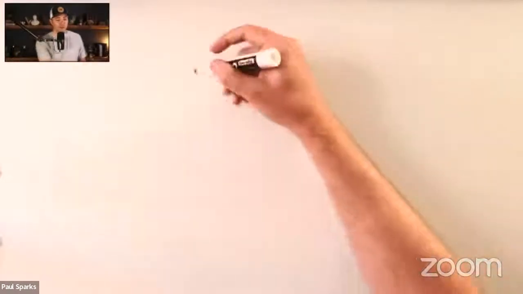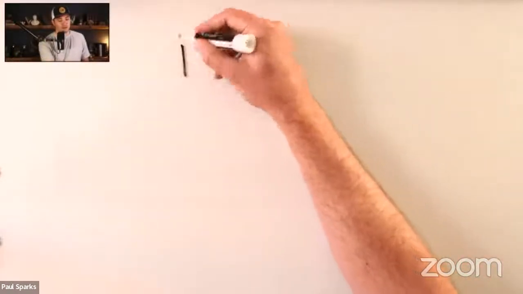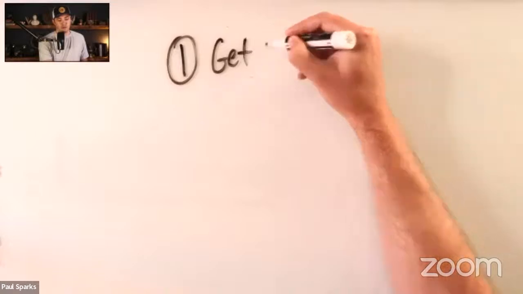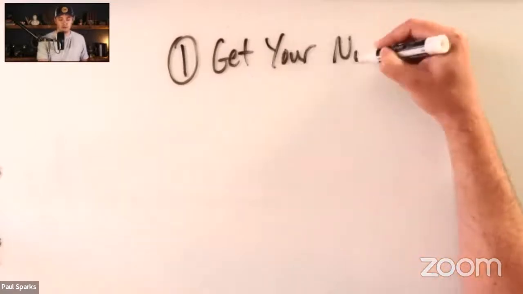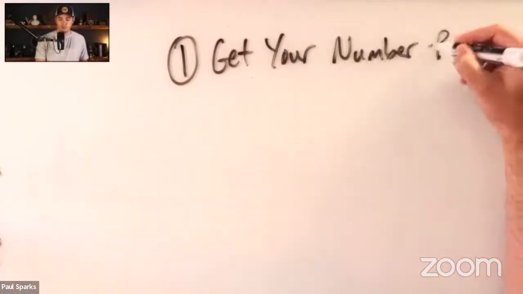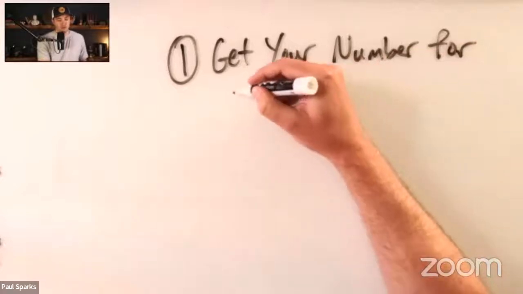Then what you'll want to do is go to the Certainty app and plug that in with your timeline. So let's do it like this. Step 1, get your number for funding what you want.